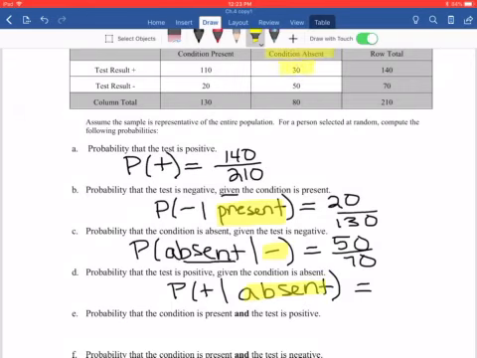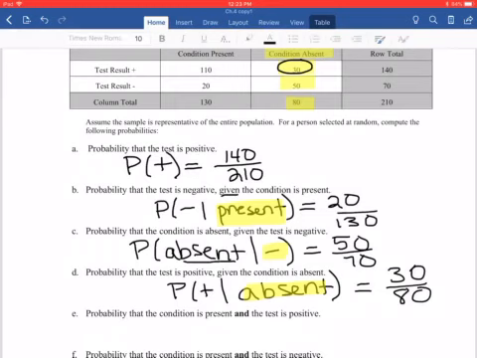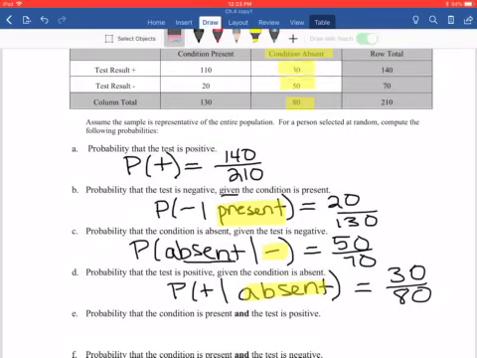So that's a column this time, so I'm only looking at this column when I calculate my probability. So in that column, of the people that did not have the condition, how many had a positive test result? It looks like 30 out of 80 that were absent. Make sense? Okay.